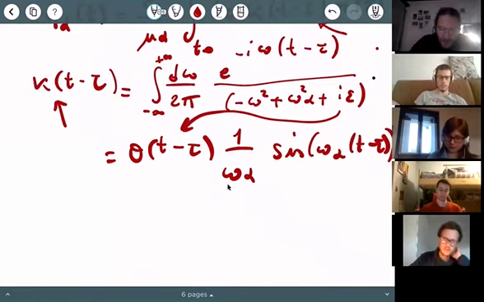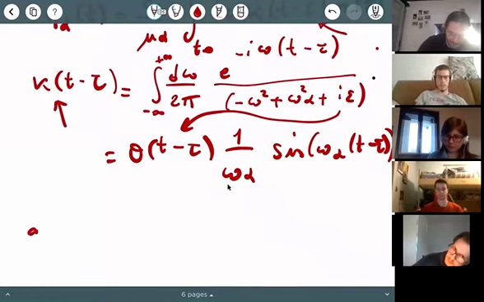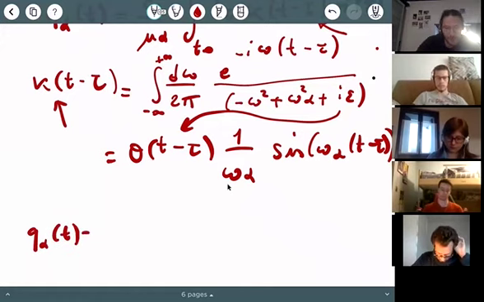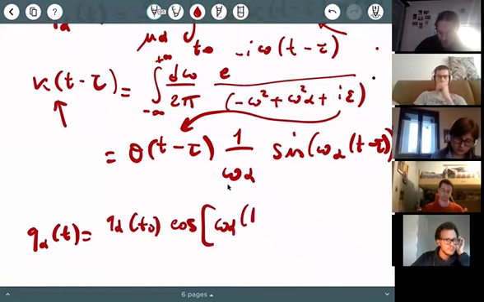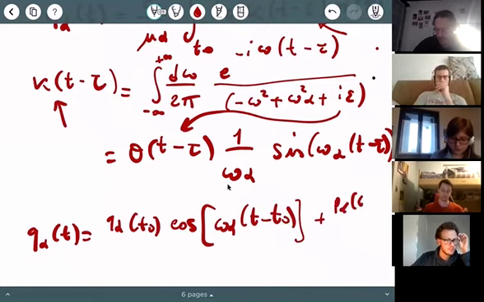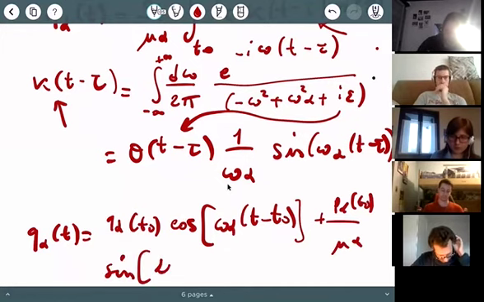So, going back, my complete solution reads sum of the inhomogeneous and the homogeneous. So Q alpha T naught cosine omega alpha (T minus T naught) plus P alpha T naught over mu alpha omega alpha sine omega alpha (T minus T naught).